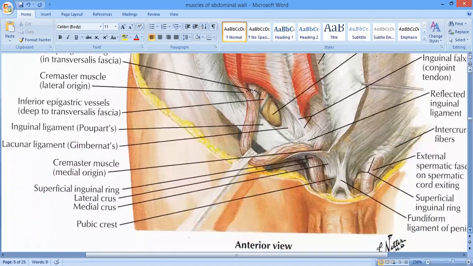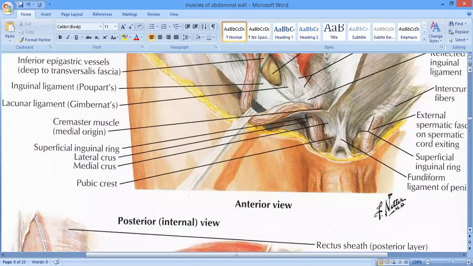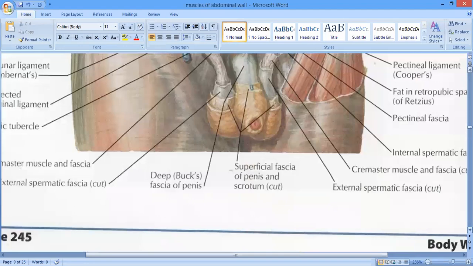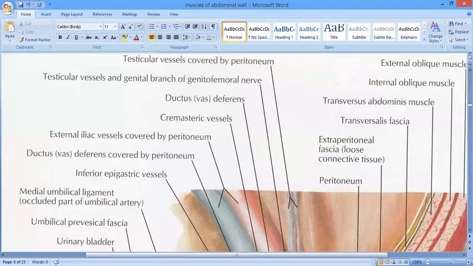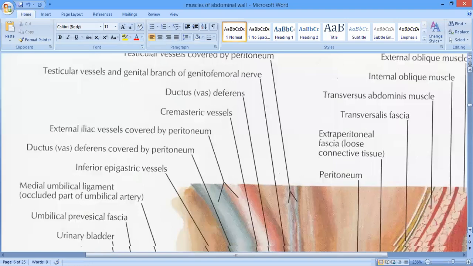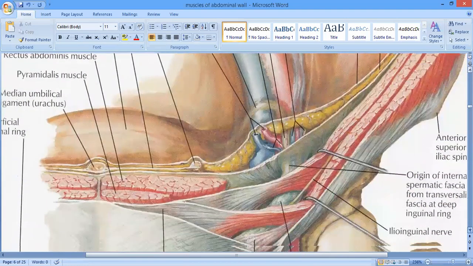Okay, I will show somewhere else also. If I have that one, I will show you कि कैसे वो... now here you can see this is the region of the deep inguinal ring, ठीक है ना? और ये देखिए ये आपका fascia transversalis आ रहा है, right? और ये आपकी spermatic cord which is leaving the cavity and coming out through this opening in the fascia transversalis, and you see ये fascia transversalis है, it is carrying a layer around it, and this layer is the internal spermatic fascia. ठीक है जी?